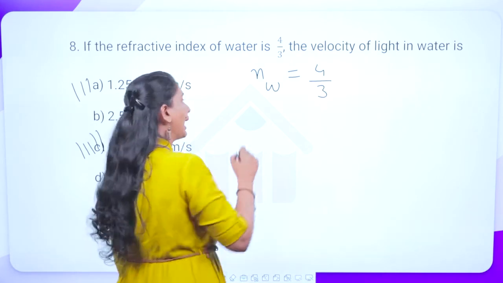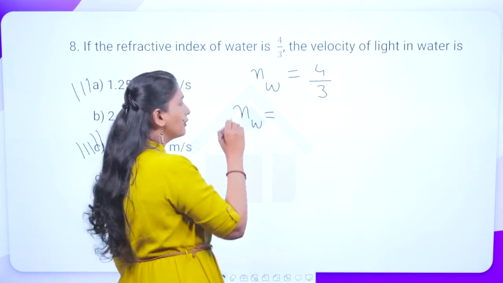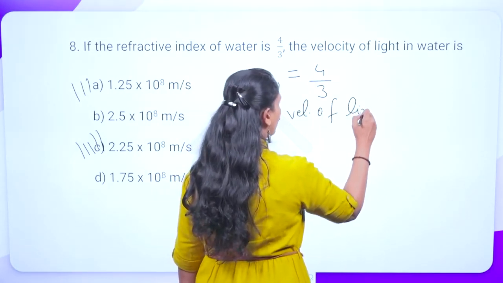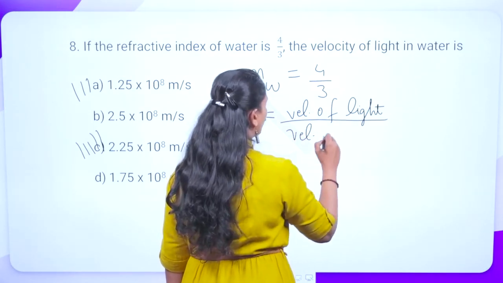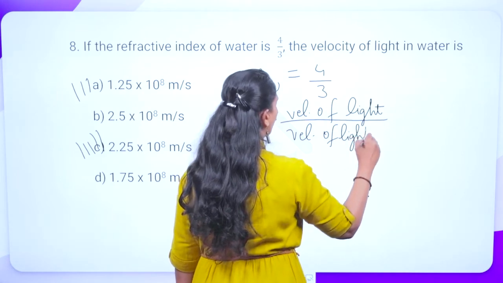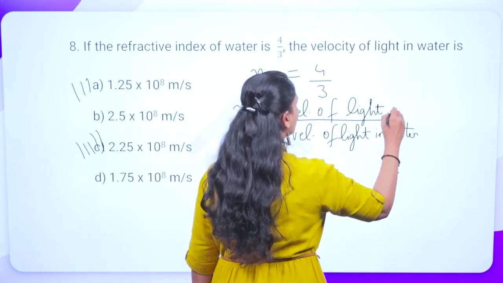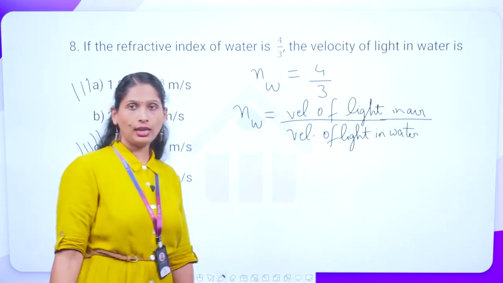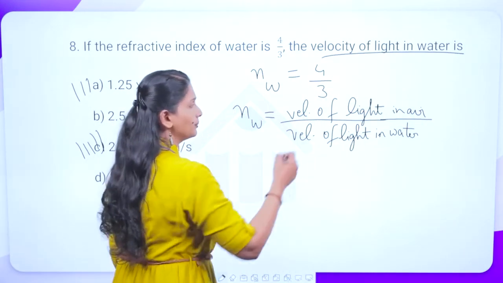And according to the definition, N of W means velocity of light in air, rather vacuum, divided by velocity of light in water. And you are asked to find the velocity of light in water. That means this one.